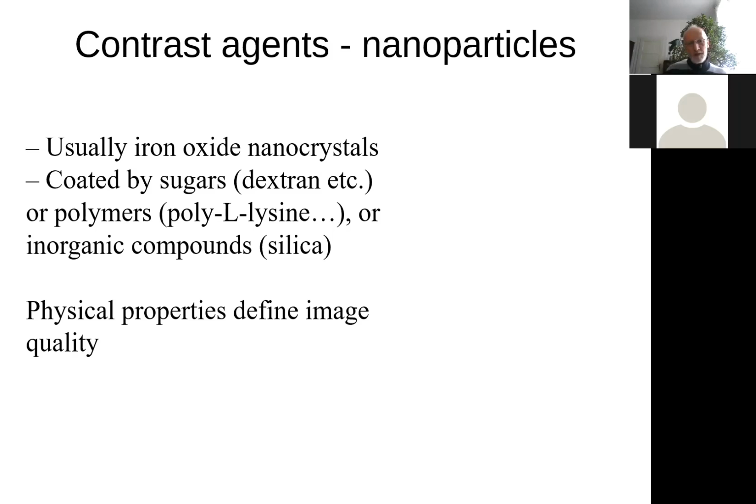Usually, these particles are formed by iron oxide cores, which are coated by some kind of sugar or polymer, or, for example, silica can be used. But what we should remember is that the physical properties of these nanoparticles define image quality too.